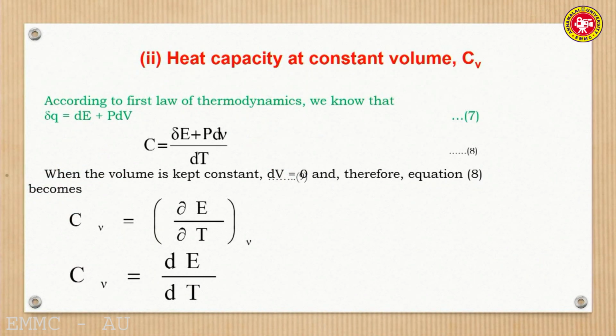Heat capacity at constant volume is simply denoted by Cv. According to the first law of thermodynamics, δQ = dE + P dV. So it may be written as C = (dE + P dV)/dT. When the volume is kept constant, dV = 0, and therefore equation 8 may be written as Cv = (∂E/∂T) at constant volume.